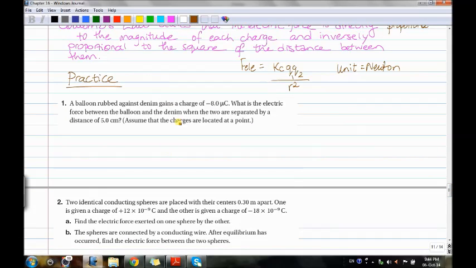A balloon rubbed against denim gains a charge of -8 microcoulomb. What is the electric force between the balloon and the denim when the two are separated by a distance of 5 centimeters? Okay, so let's take out first the givens.